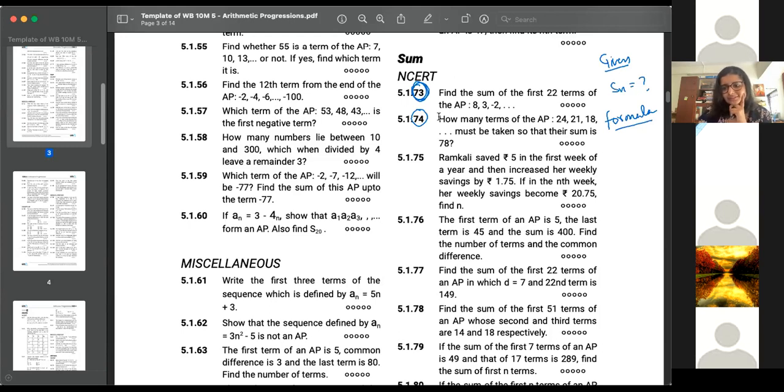Oh, nice. Aditya has done both as well. Tanusha 73 is correct. Mil gaya. Neki has done it, correct. Abhishek got it. Mansi got it.